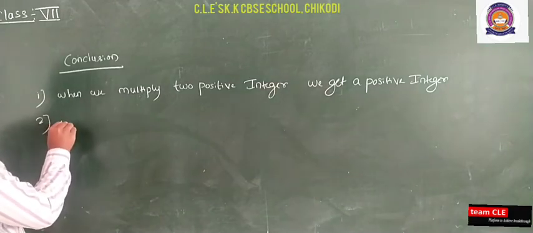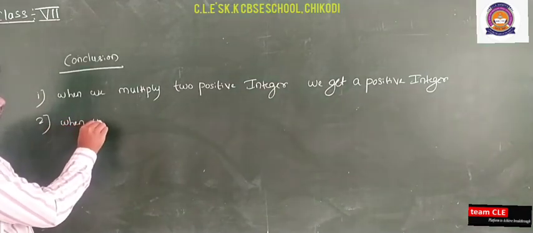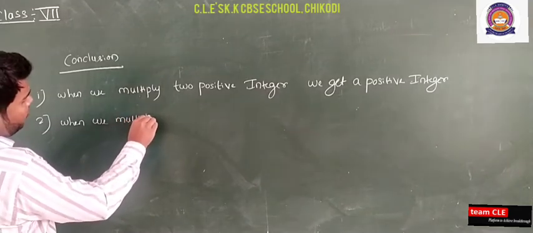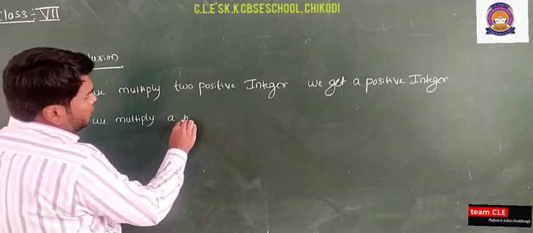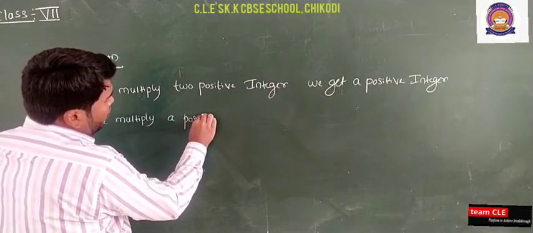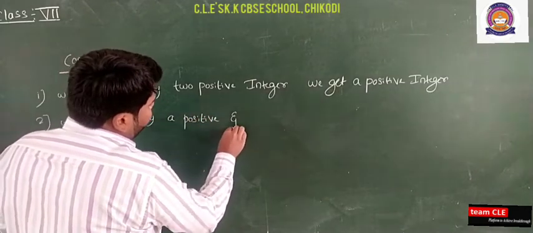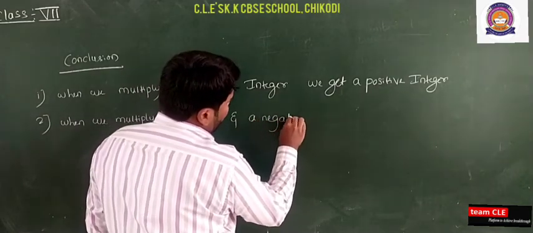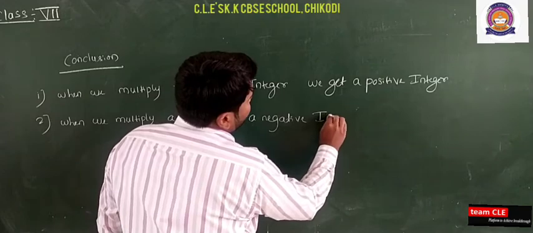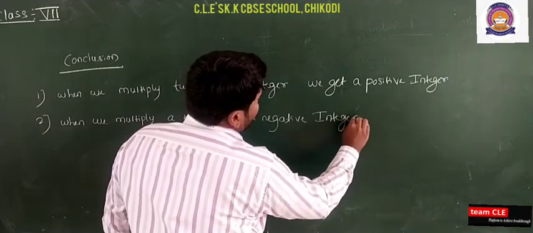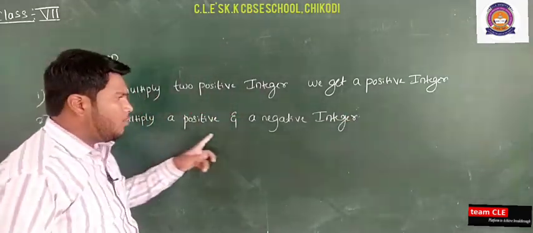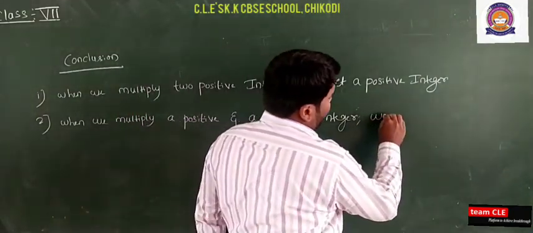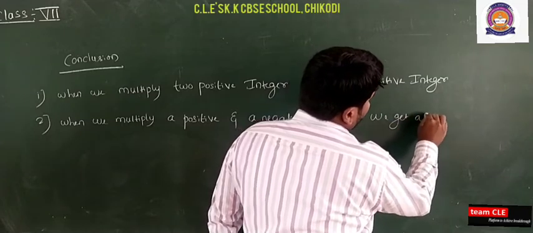Second, when we multiply a positive and a negative integer, we get a negative integer.